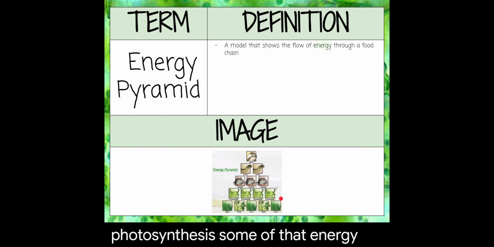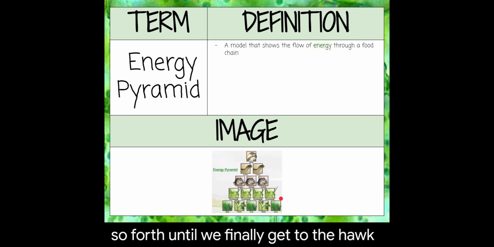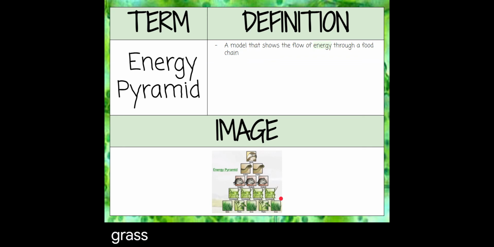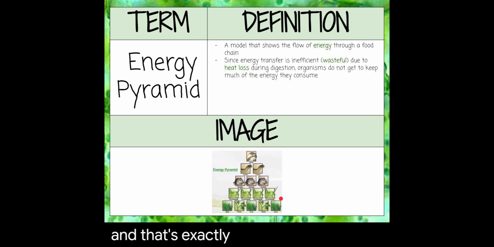Some of that energy will be released in the form of heat. Then when the mice eat the grasshoppers, some more of that energy will again be lost in the form of heat, and so on and so forth until we finally get to the hawk. That's why we need so much more grass than hawks in our ecosystem in order for everything to be balanced. And that's exactly what we have here.